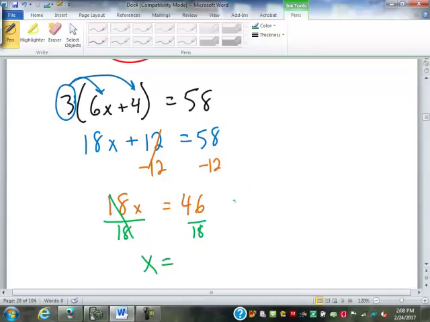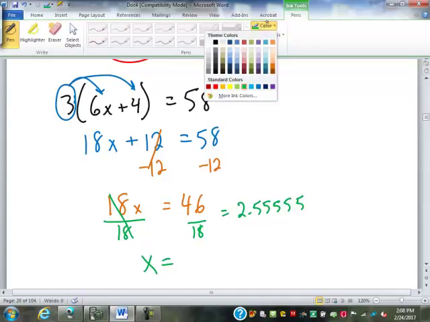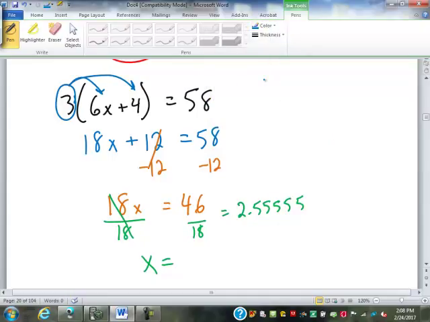If we divided it out, it would come out to be 2.5555 repeating. So we can either take that and round it. If we're not given a decimal place to round to, a typical rule is you go 1 decimal place past the given information.